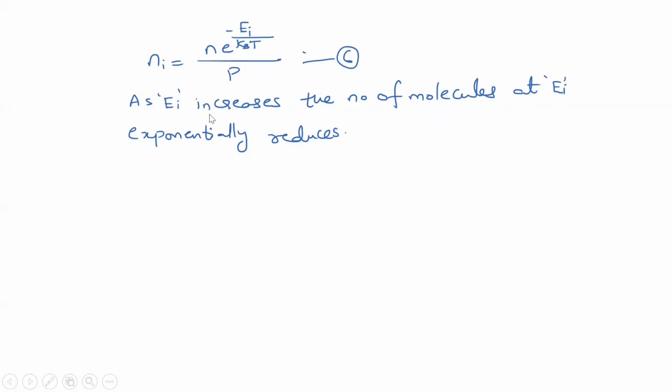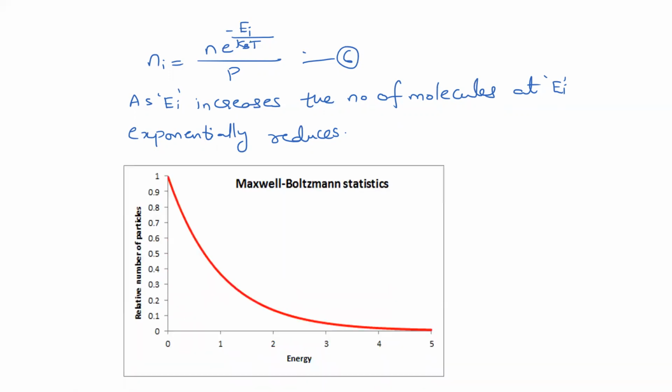As Ei is more, the number of particles at that particular energy level will be less. This is the Maxwell-Boltzmann statistics. Based on this equation, energy Ei is on the x-axis and the relative number of particles, Ni, is on the y-axis.